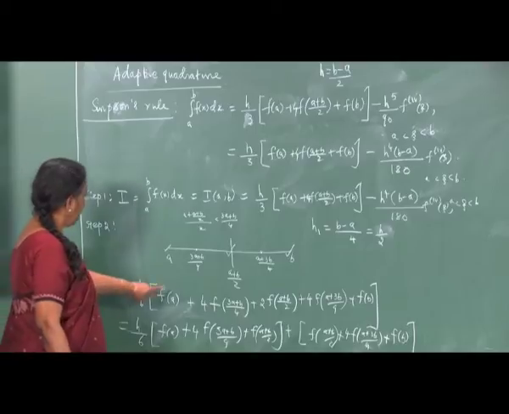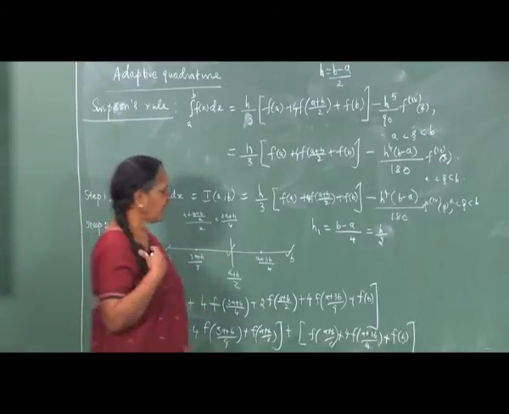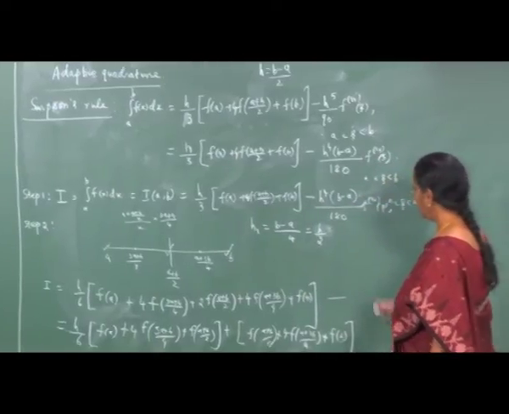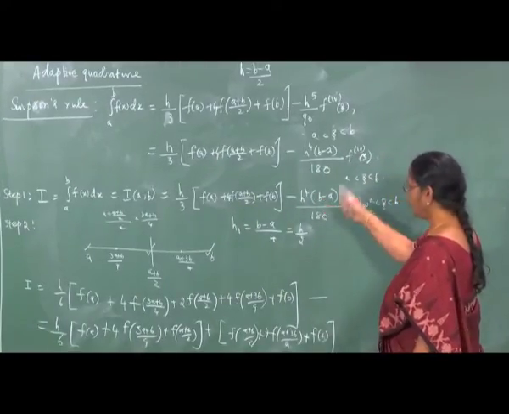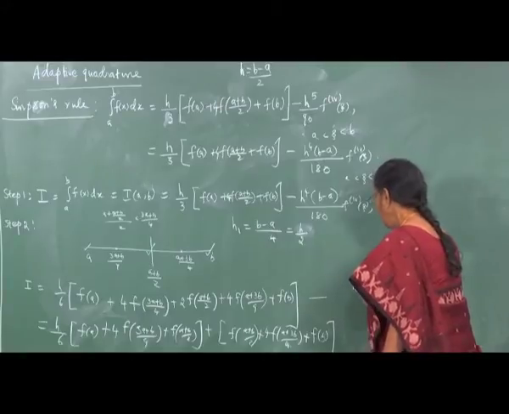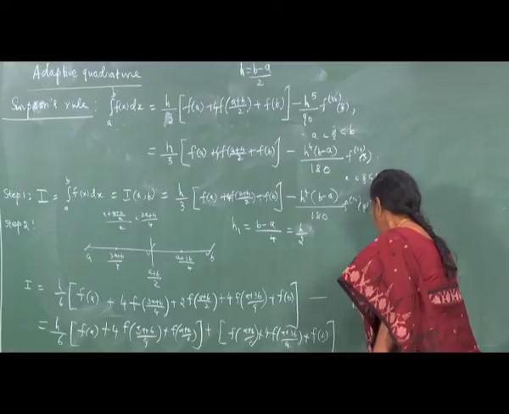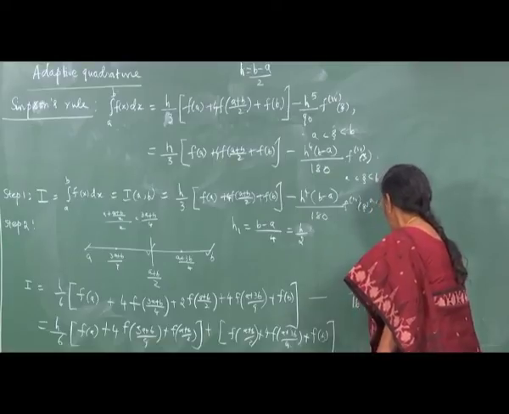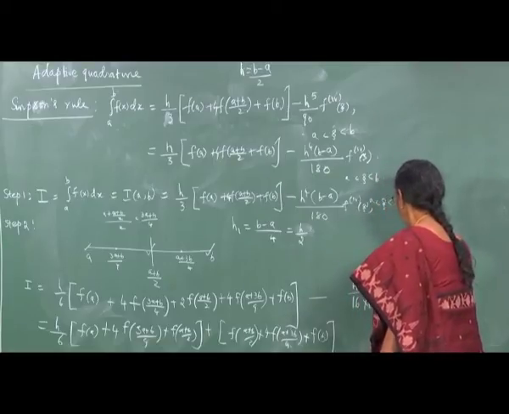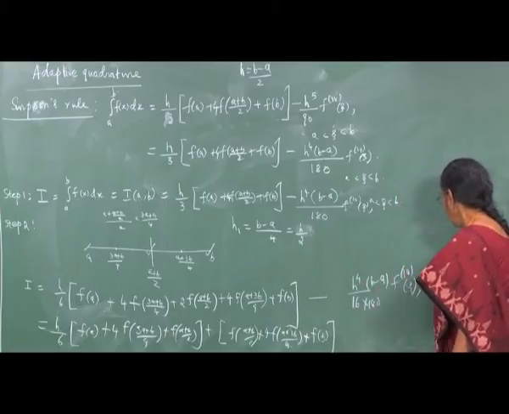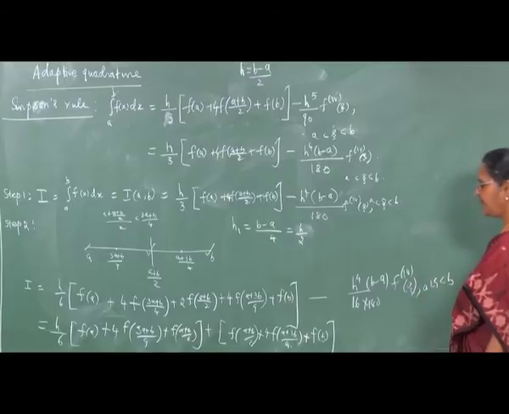So, when I have divided this into 4 equal parts, what is the error that is incurred? H is now h by 2, and so h power 4 will give you h power 4 by 16 into 180 into (b minus a) into the fourth derivative evaluated at psi, where psi lies between a and b.